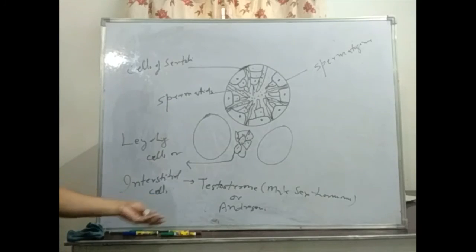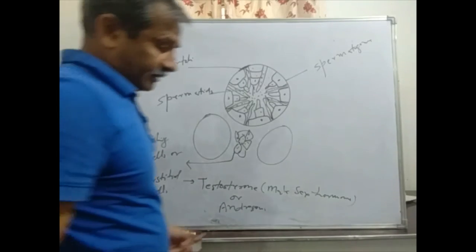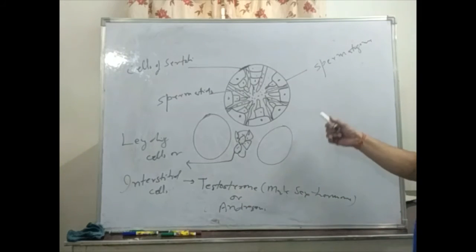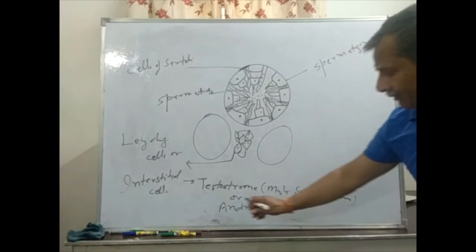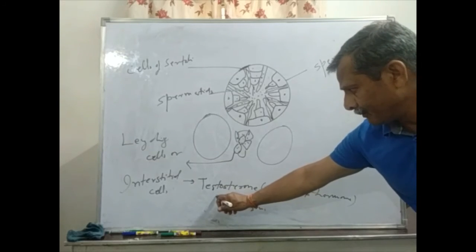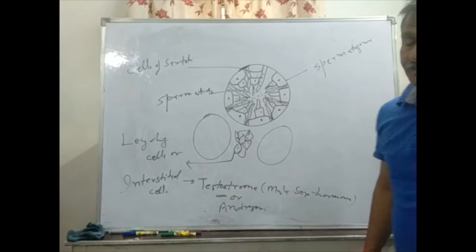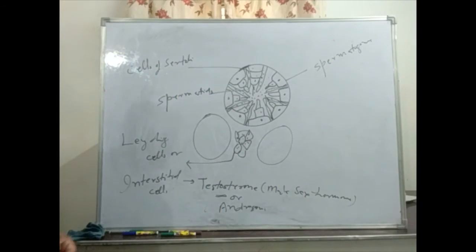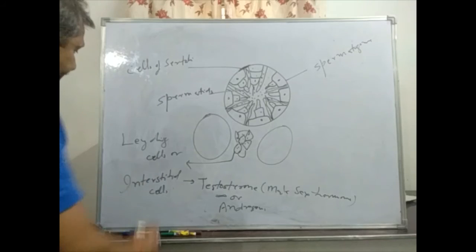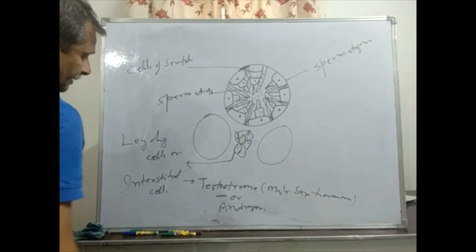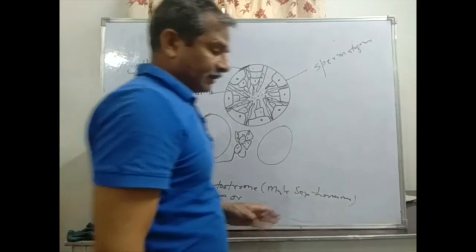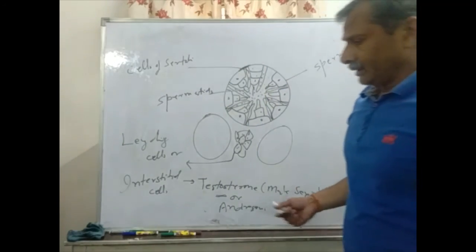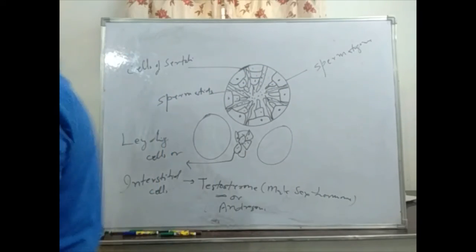It's a very important hormone because by the secretion of testosterone, the process of spermatogenesis starts. If there is no secretion of the testosterone, the development of sperms is badly affected, or there might not be the development of the sperms. So Leydig cells, very special structures, are responsible for the development of the sperm and also for the development of secondary sexual characters in the males. Okay.